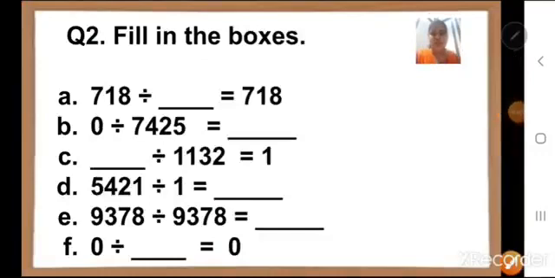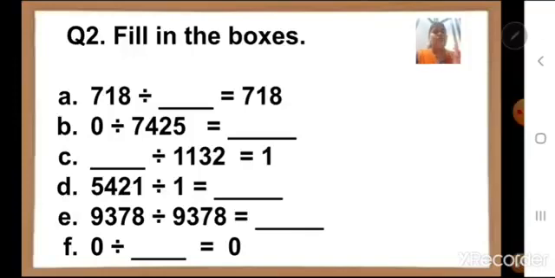Question number 2 is fill in the boxes. Okay, A. 718 divided by dash is equal to 718. Okay, now children, remember you have to learn all the properties, and you have to understand the question. Here you can see the dividend and the quotient is same, correct?